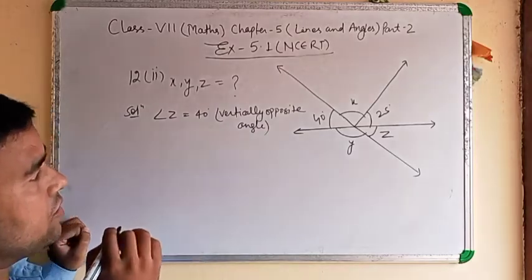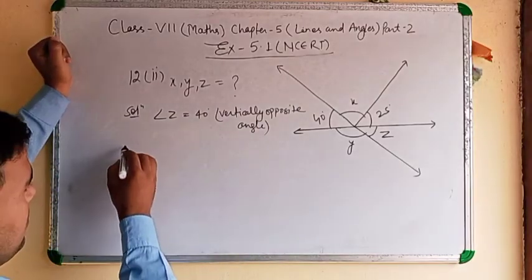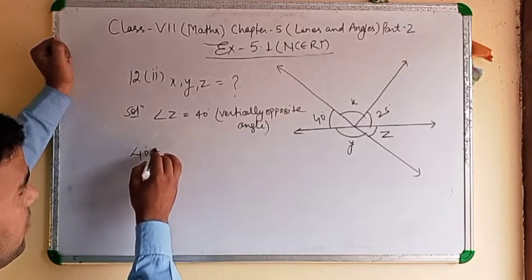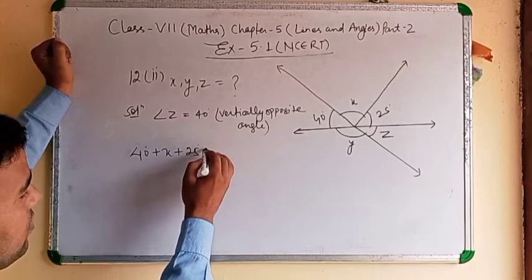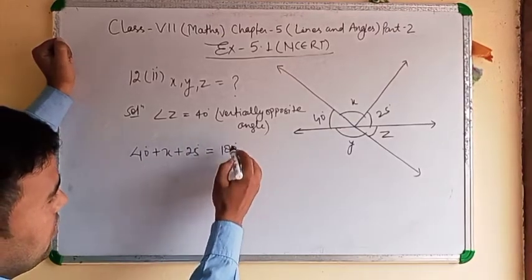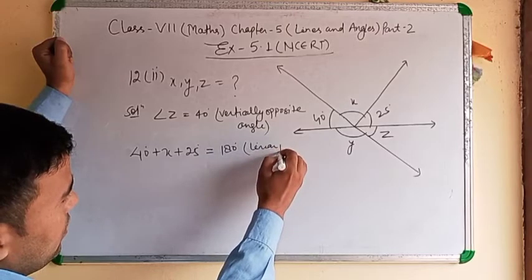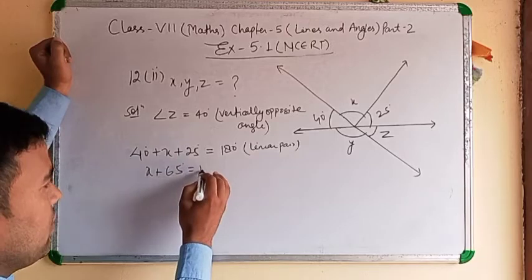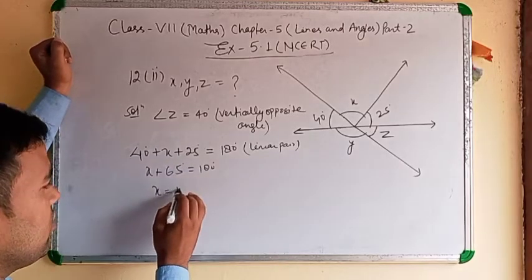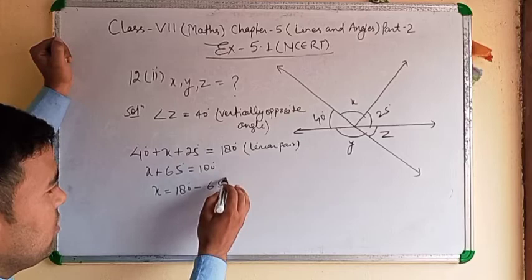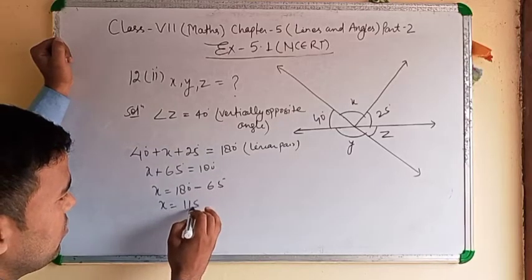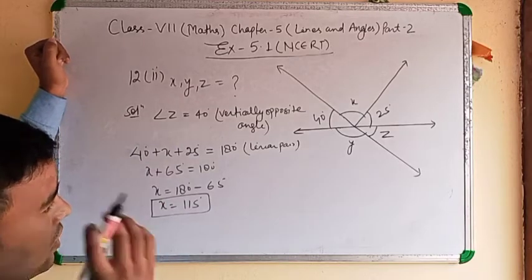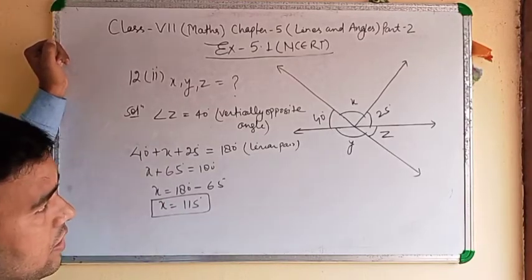Clear? Then find the value of x. x plus 40 degrees plus x plus 25 equal to 180 degrees by linear pair. This means x plus 65 equal to 180 degrees. x equal to 180 minus 65. Then x equal to 115. Clear?